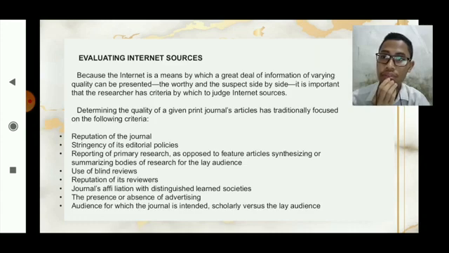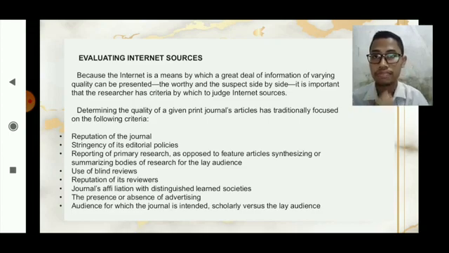Five, reputation of its reviewers. Six, affiliation of the journal with distinguished learned societies. Seven, the presence or absence of advertising. Eight, audience for which the journal is intended, scholarly versus the lay audience.